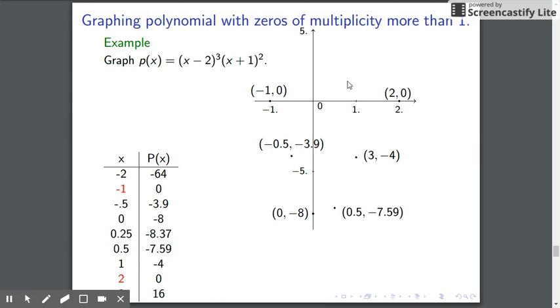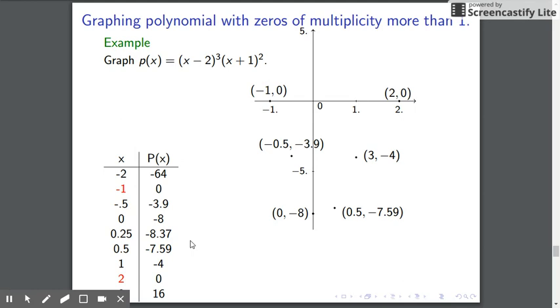I'm more interested in the behavior around the x-axis, and therefore I'm just using this to make sure that the end behavior is happening as I was expecting.